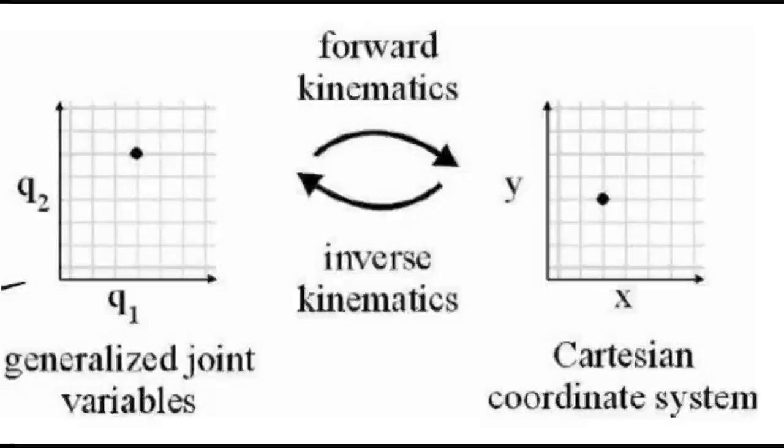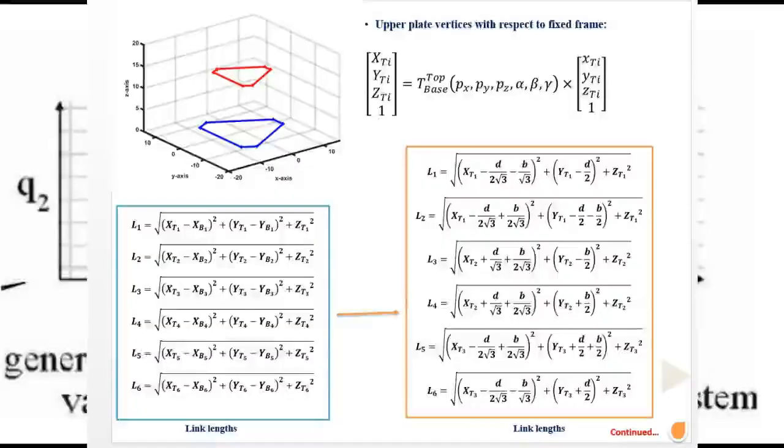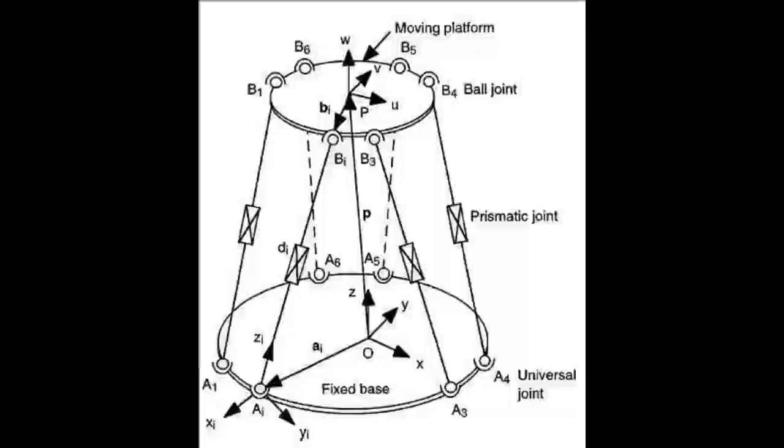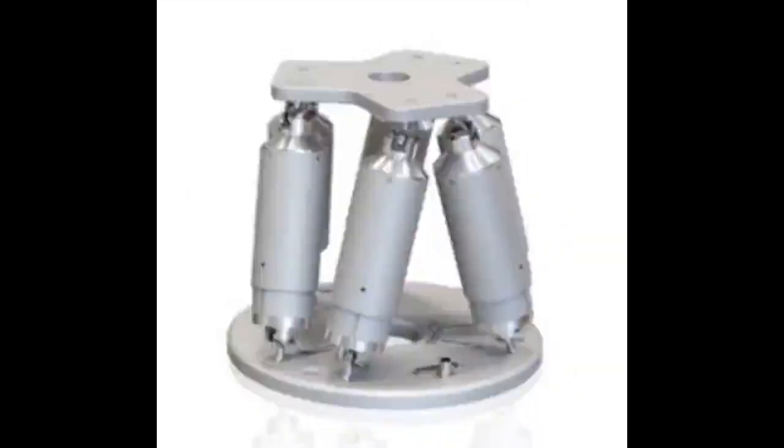Moreover, just opposite of the serial manipulators, the Stewart platform inverse kinematics is more straightforward than forward kinematics. For serial robots, inverse kinematics is quite difficult.